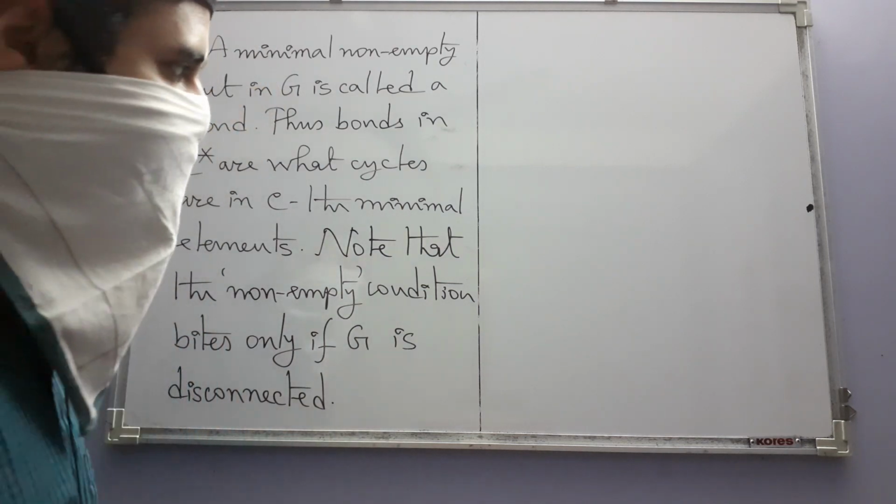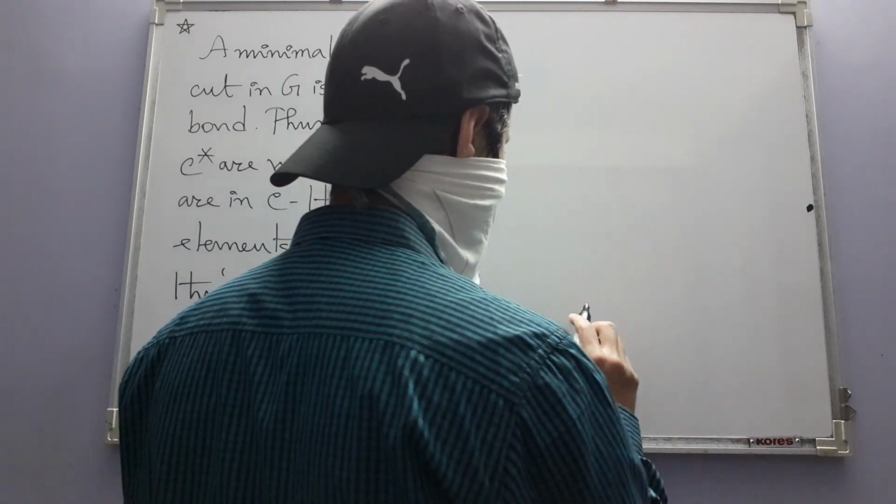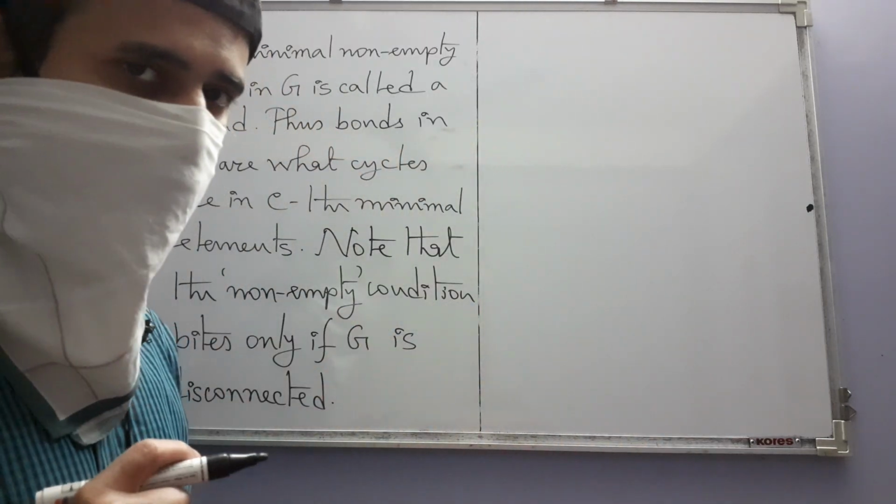But why so? Say you have a disconnected graph, then it has at least two components.